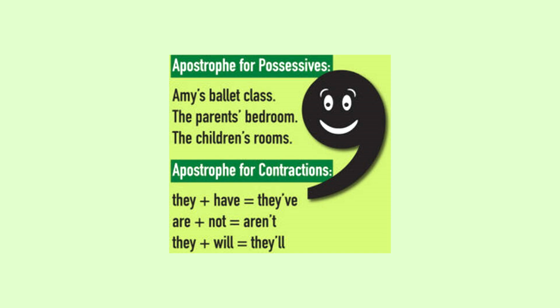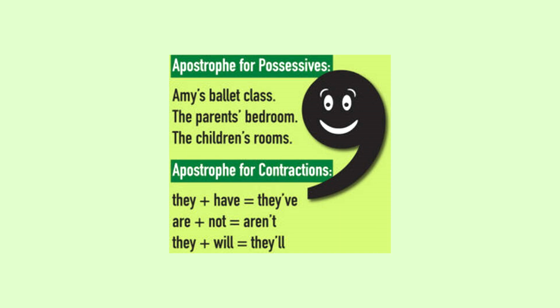Now we can see where we use apostrophes, with examples. When using a singular noun, the apostrophe is used before the S. See the example: ballet's class.